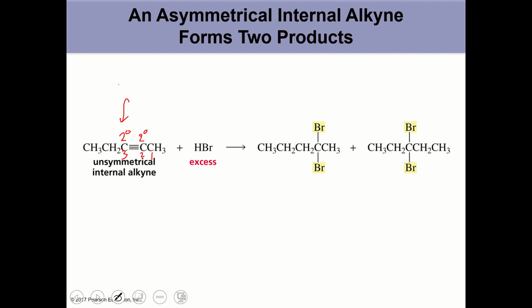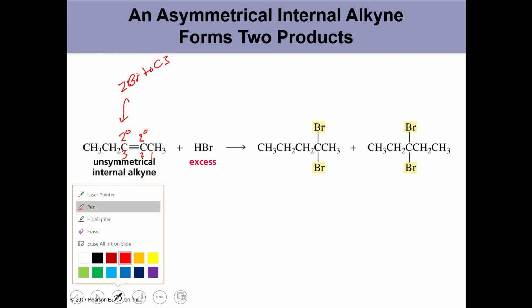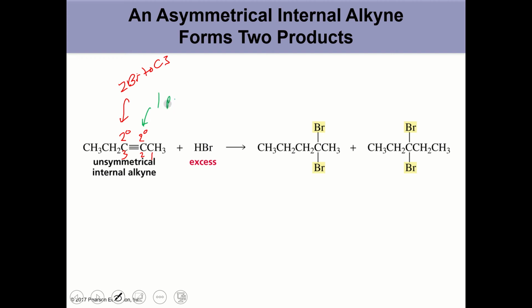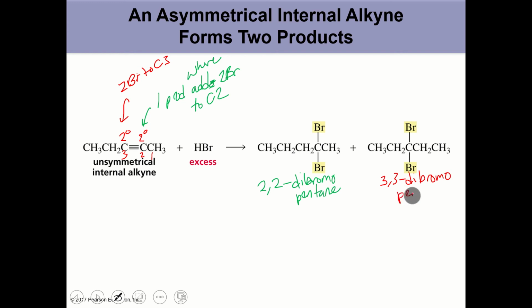So we will get one product that adds 2 Brs to C3, and one product where we add 2 Br to C2, so that we have 2,2-dibromopentane as a product, and we have 3,3-dibromopentane as a product, because the carbons are equally substituted. They're both secondary carbons.